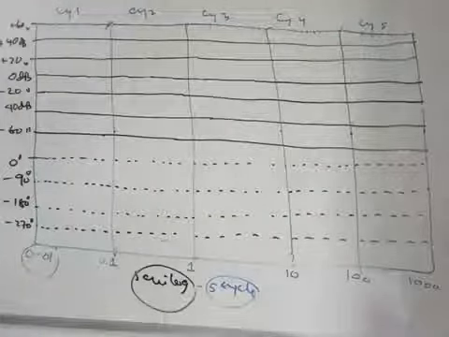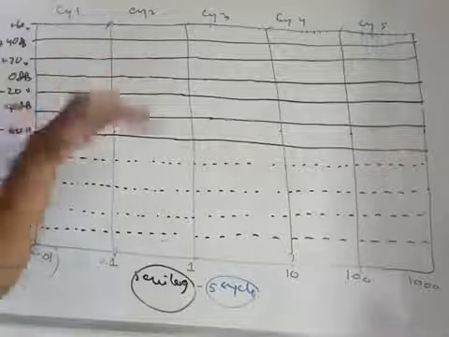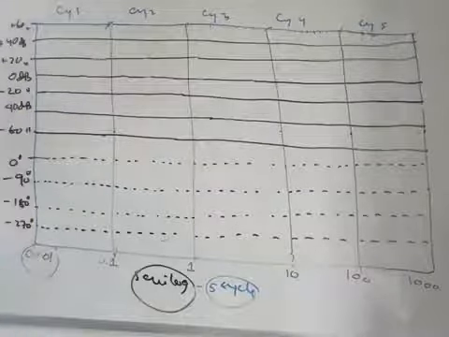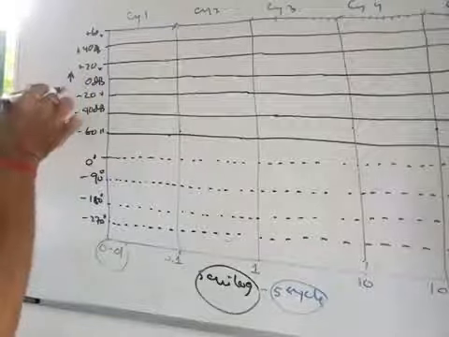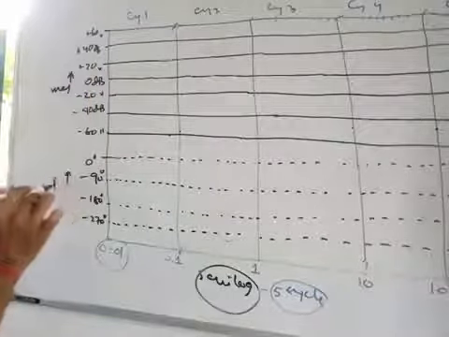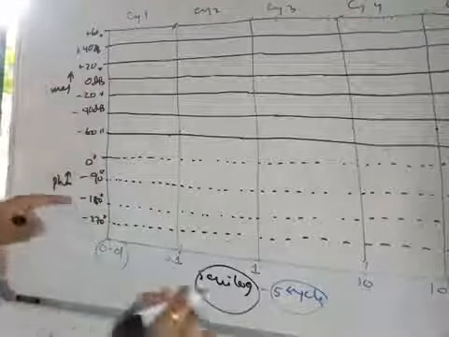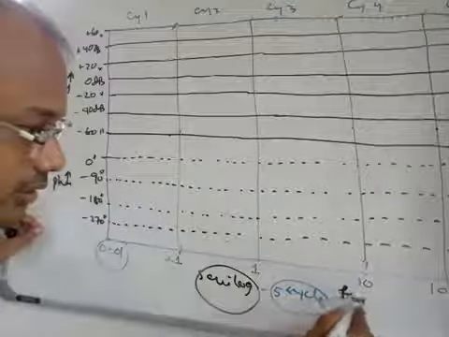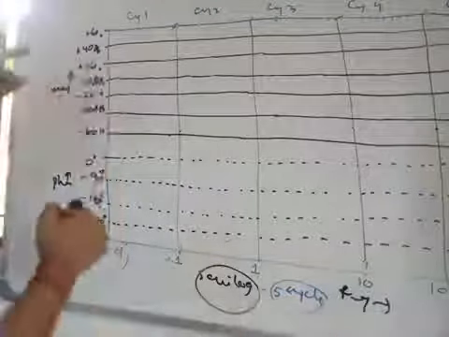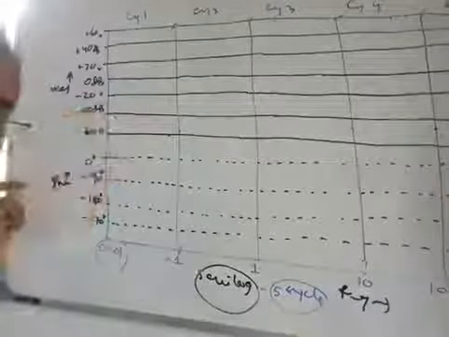Already we know the upper part of the graph we will consider for the magnitude part, and the lower sections we will consider for phase, right? In a single graph we will plot frequency versus magnitude and phase. This is the kind of graph that will be available to you.